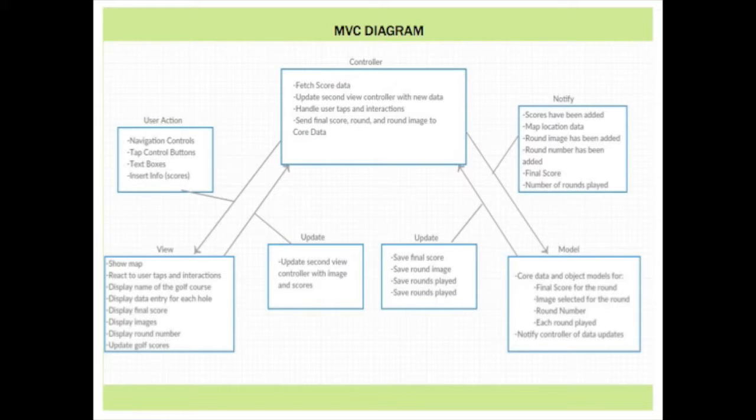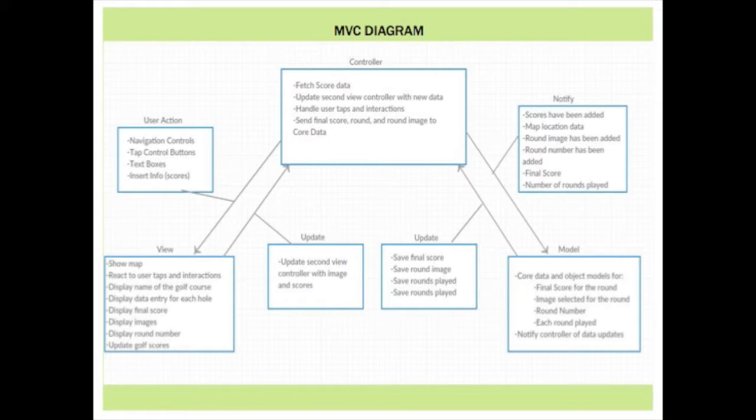The view will show the map, react to user taps and interactions, display name of the golf course, display data entry for each hole, display the final score, display images, display the round number, and update the golf scores. As the view updates going towards the controller, it will update the second view controller with image and scores.